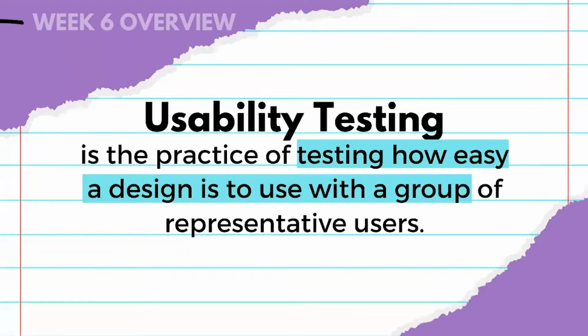Please let me know if I'm going too fast. I can definitely slow it down for you guys. I just want to ensure that we are going to cover everything because we are not meeting next week. So we're going to jump right into the definition of usability testing. It is the practice of testing how easy a design is to use with a group of representative users.